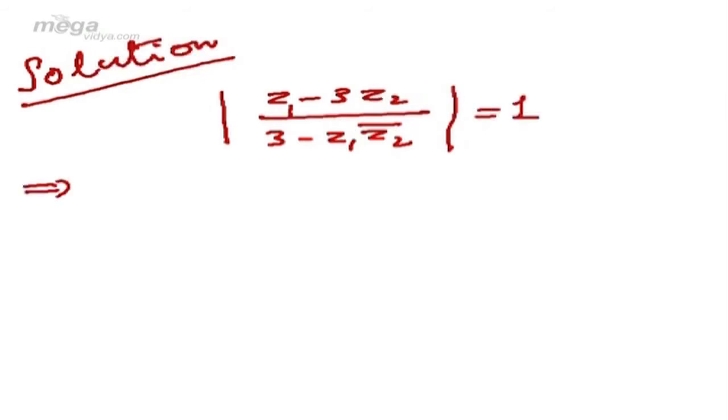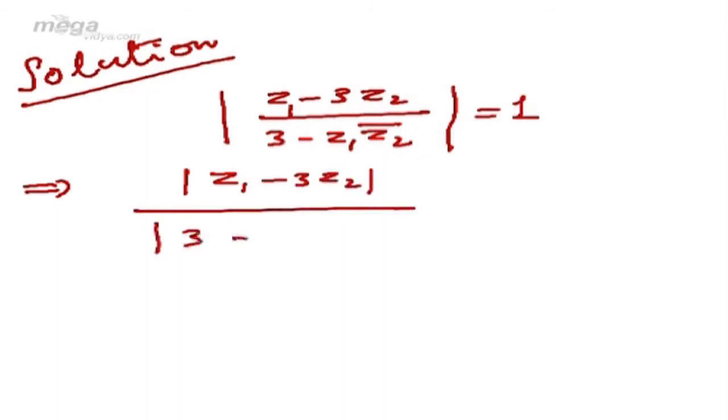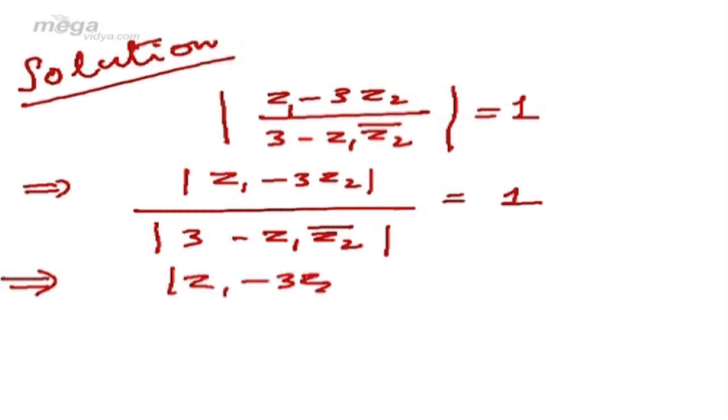This can be written as mod of Z1 minus 3Z2 divided by mod of 3 minus Z1 Z2 bar is equal to 1. This is equal to mod of Z1 minus 3Z2 is equal to mod of 3 minus Z1 Z2 bar.